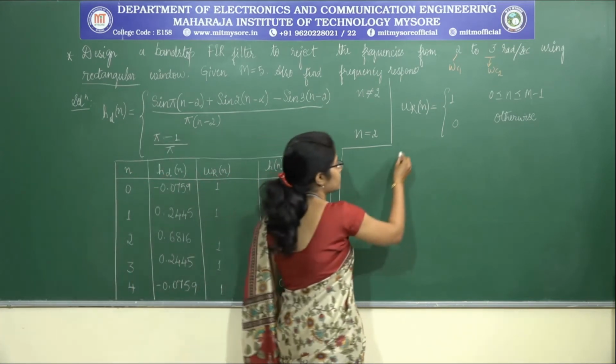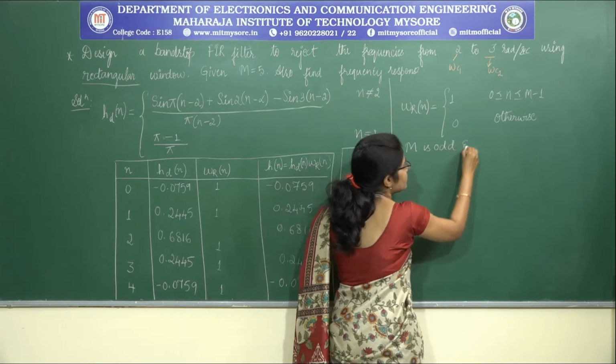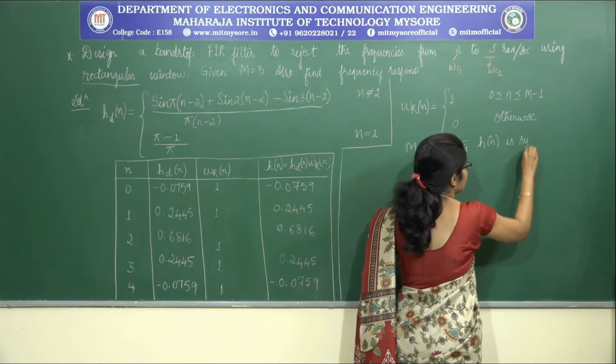and we got the condition that m is odd and h of n is symmetric.